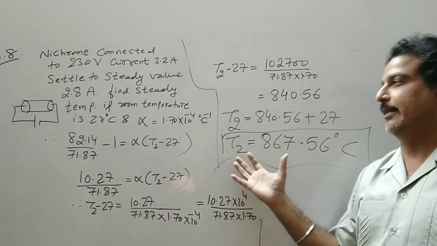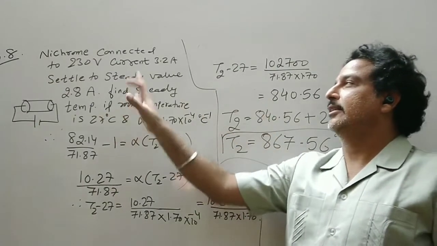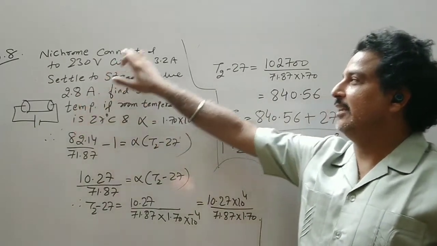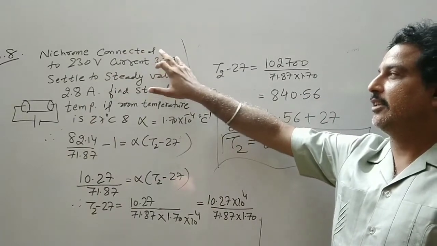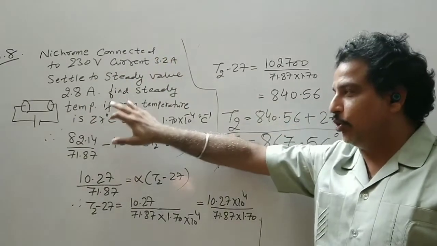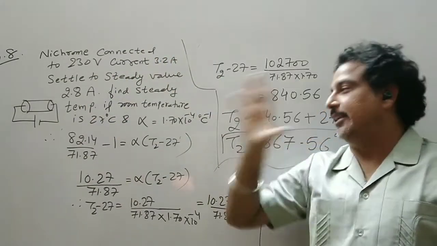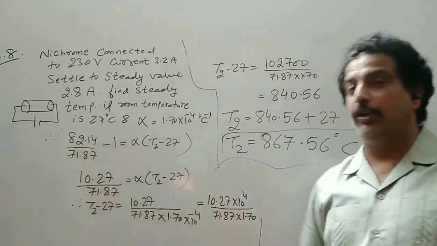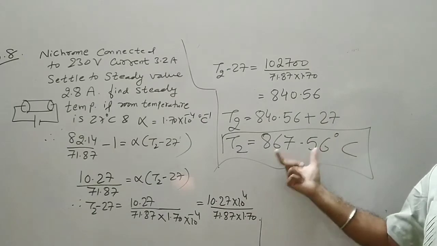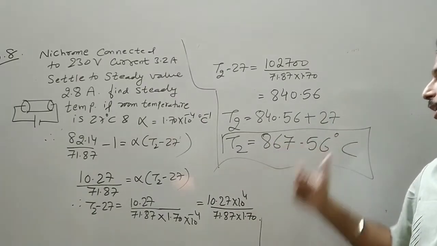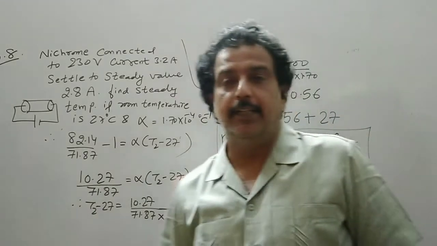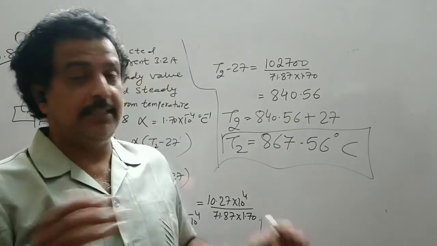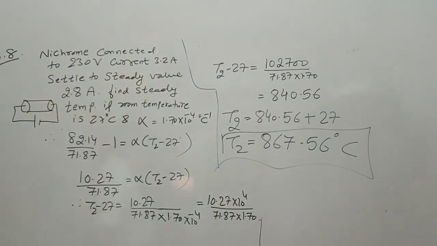So in this example, after some time, the steady current is less than the initial current. This current is assumed to be at room temperature. Then the steady resistance was found to be 82.14, and the steady temperature is found to be 867 degree centigrade. So this is about the heating effect.